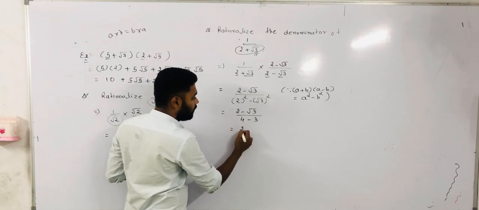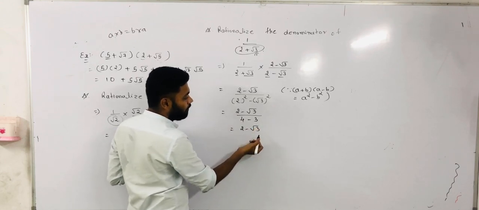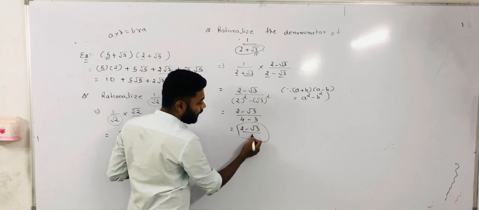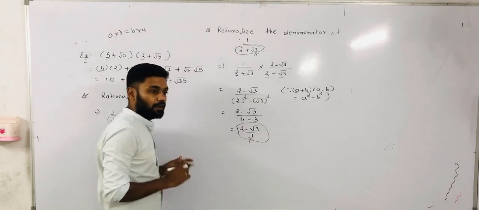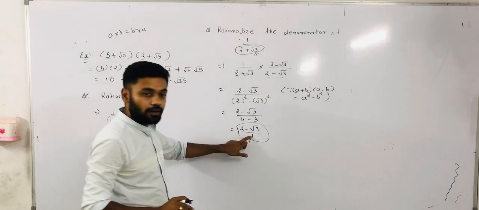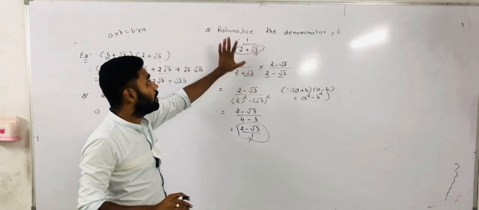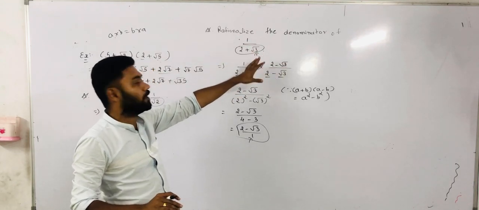So you will get 2 minus root 3 divided by 1. This way we can rationalize the denominator. We have also removed the under root, the irrational number, from the denominator. So this is called rationalization of denominator.